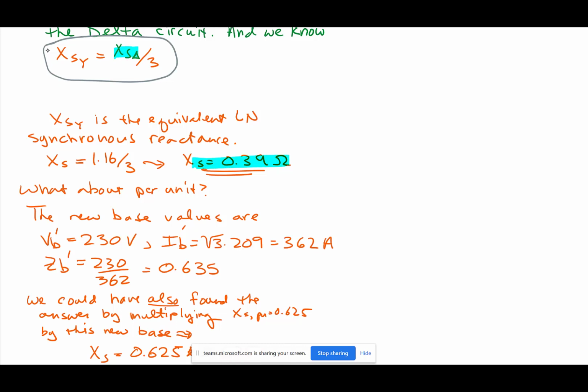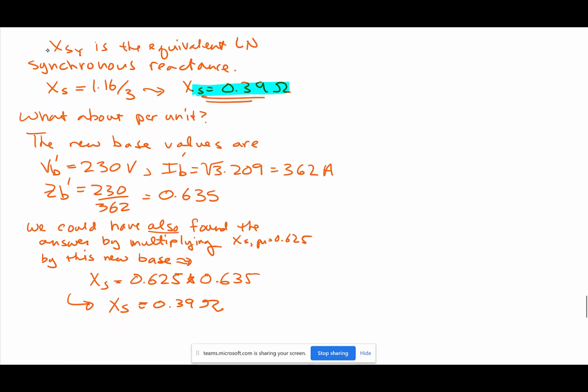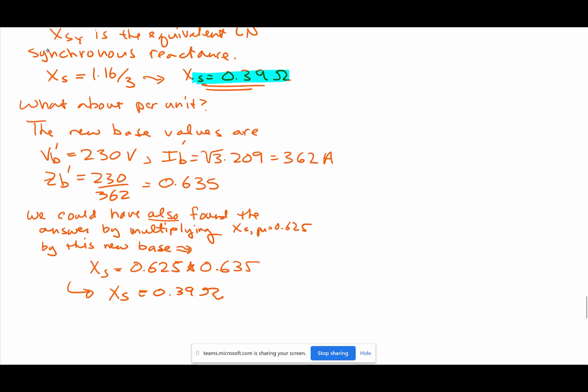Now here's a check on this. You could look at it a different way. If I rewind the machine, I've changed the ratings of the machine, and therefore I could say, well, I've changed the base values for impedance. So the V base now is lower by a factor of square root of 3, and the I base is higher by a factor of square root of 3.